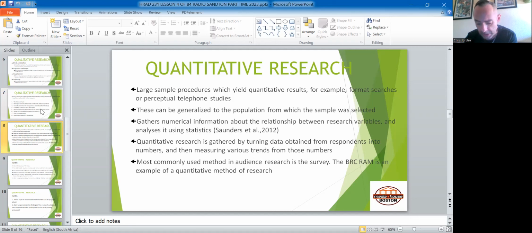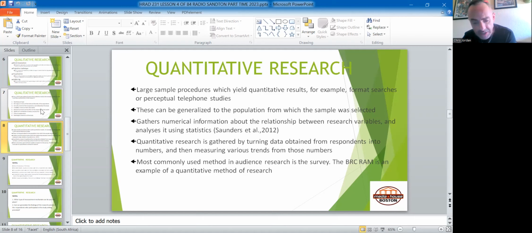We pick a certain amount of people, crunch the numbers, and use a formula, try and test a formula to get a very good representation of our majority public, right? So we gather numerical information about the relationship between the research variables and then use statistics.